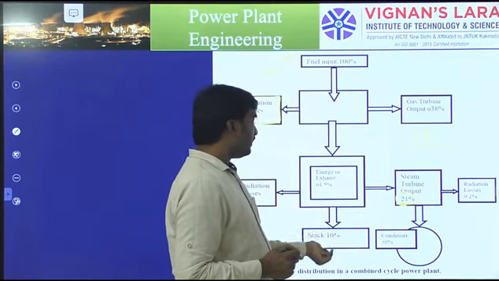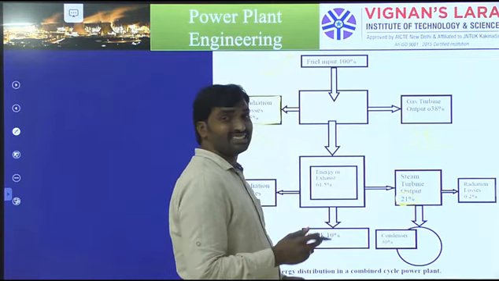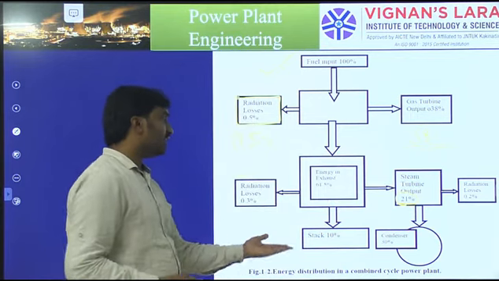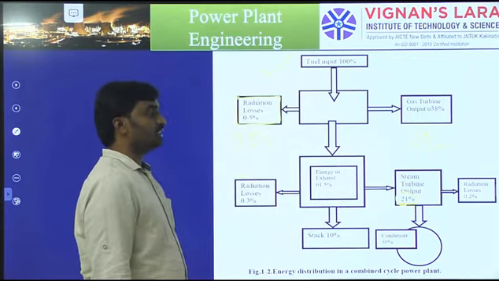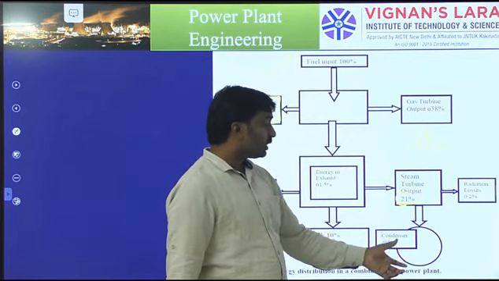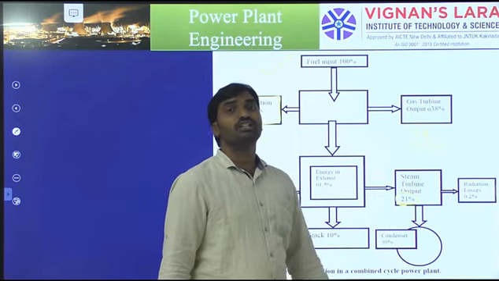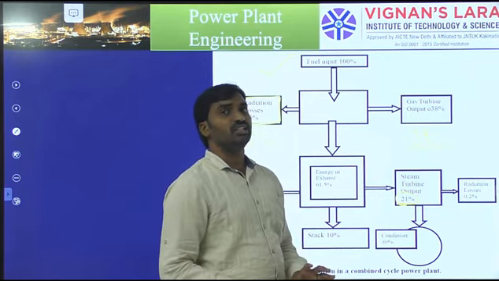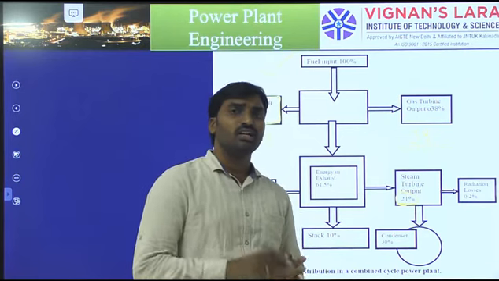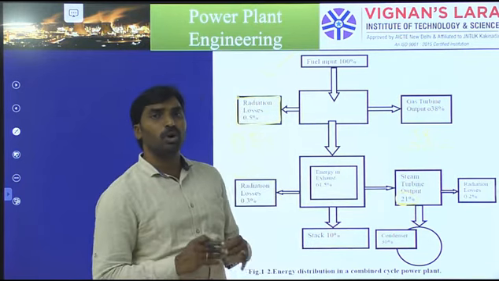The exhaust gases leaving into the atmosphere are around 30%. But what about the remaining 30%? The remaining 30% we are using in the condenser. You know that the components of a steam power plant are turbine, condenser, feed pump, boiler.